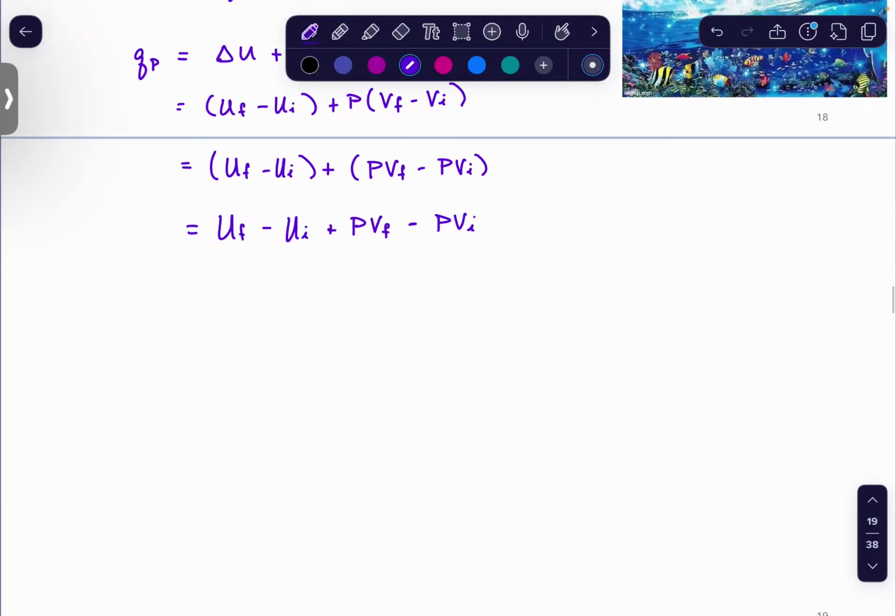And then I'm going to put my finals and initials in the same groupings: U final plus PV final, and then minus U initial plus PV initial.